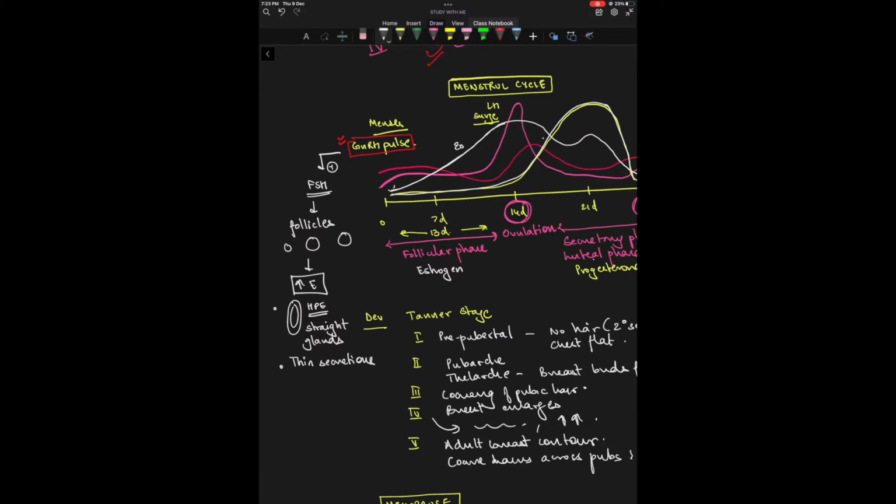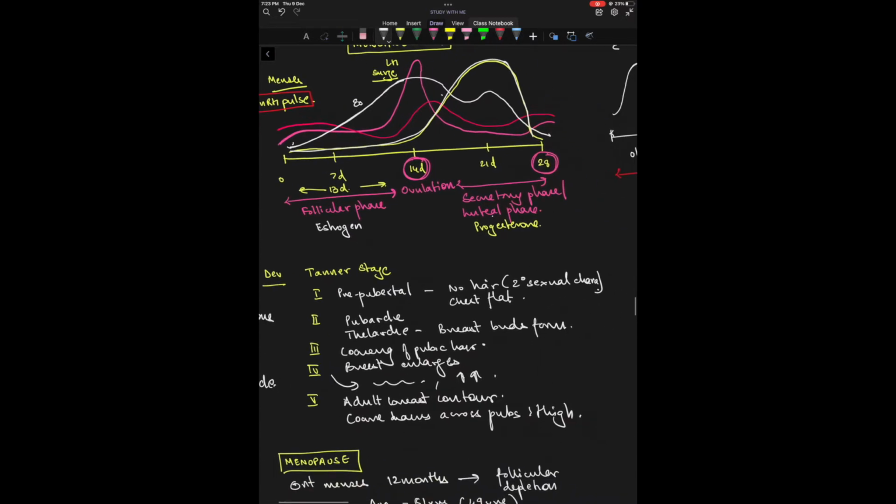And by the late follicular phase, there will be a dominant follicle. Right, it is generally around 20 mm in size. Also, the endometrial lining is thick and the cervical mucus becomes stringy.